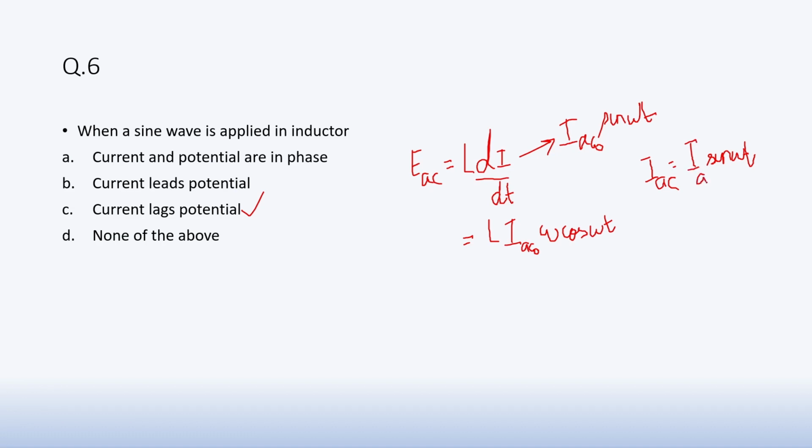In order to compare, I need to represent E_AC, the potential, in the same form. Only then can I tell how they are leading or lagging. Since here it is sine omega t, this should also be changed to sine. You would have already learned how you can represent it.